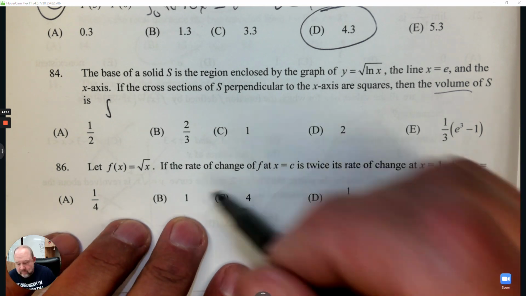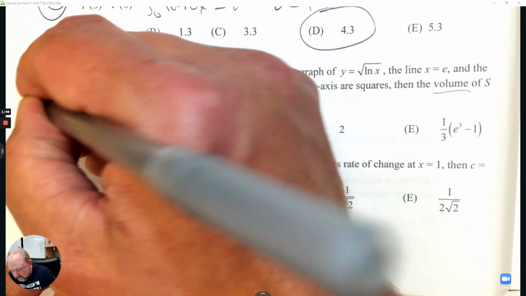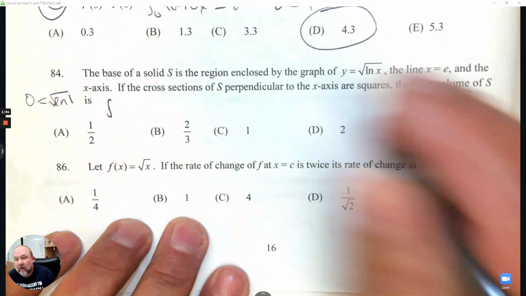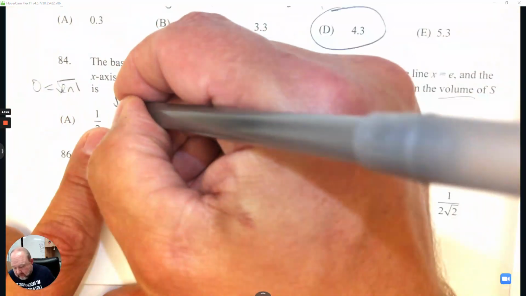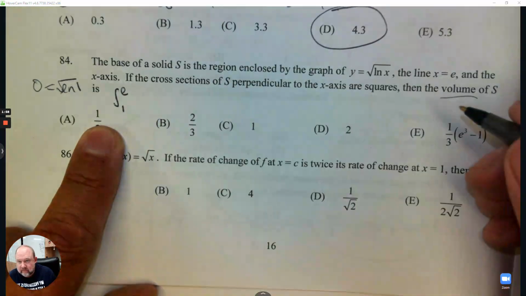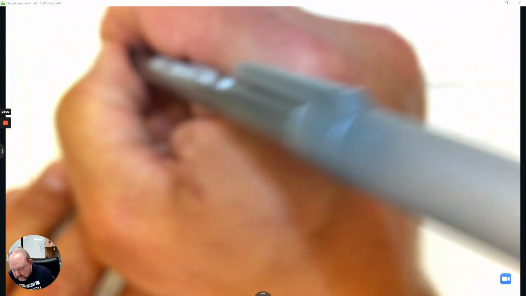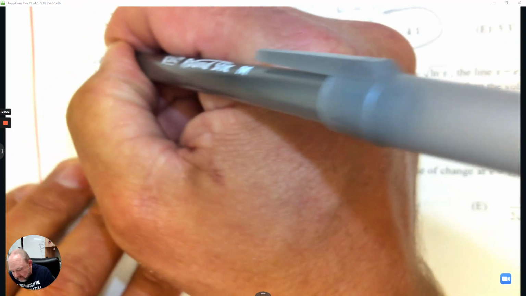Now, understand that ln 1 is equal to 0. So this is going to go from 1 to e. If you looked at the graph, it would start at 1 going up, and it would look like that, and that line right there is e.